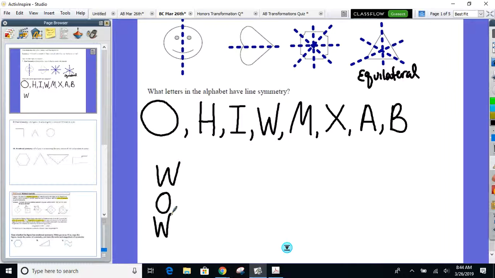All right, I guess. Sure. We go here. Moat. So if I write it vertically. We're really pushing it here. Three letters, huh, honors kids?